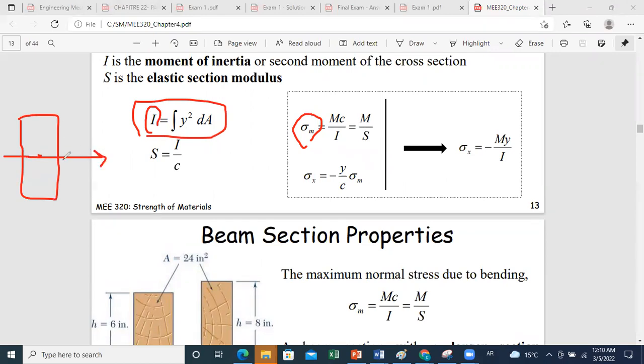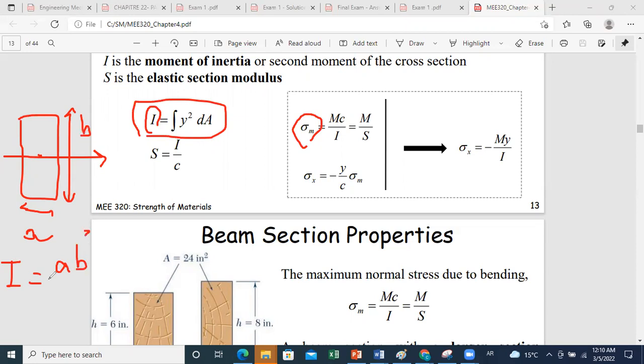The inertia about the neutral axis, if we know the dimensions A parallel to the neutral axis and B perpendicular to the neutral axis, we can say that the inertia about the neutral axis is I equal to A B cubed over 12.